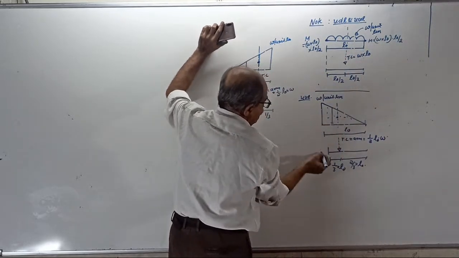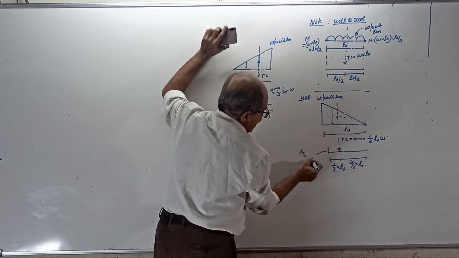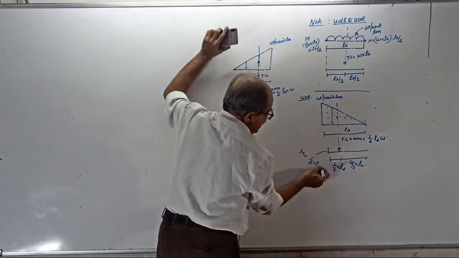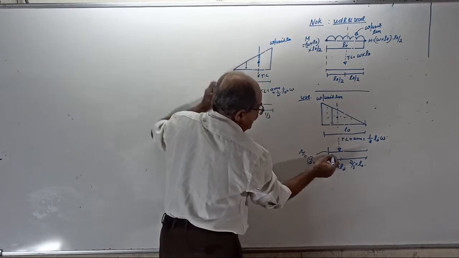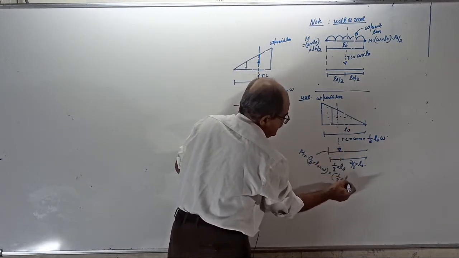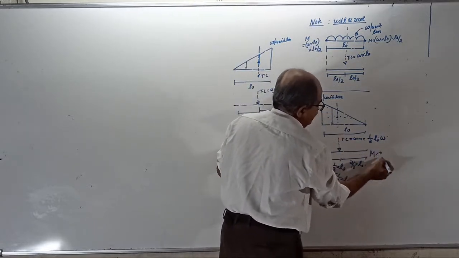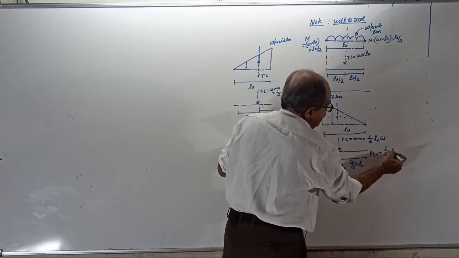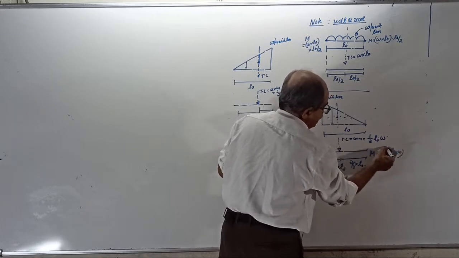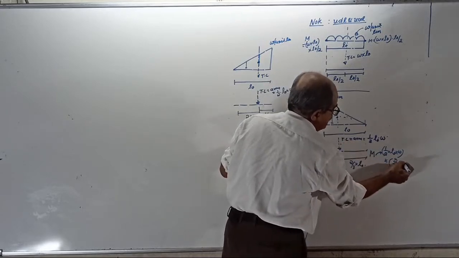Here, if I take moment about this point, it will be half into L0 into W, the load, into 1 by 3 of L0. Whereas if I take moment about this point, it equals half into L0 into W, the total load, into 2 by 3 of L0.